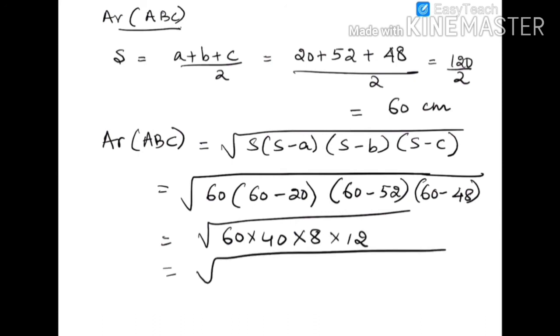Now factorize each of these numbers to find pairs of identical factors. 60 can be written as 6 into 10. 40 can be written as 4 into 10. And 8 we will write as 4 into 2. 12 will be written as 4 into 3.